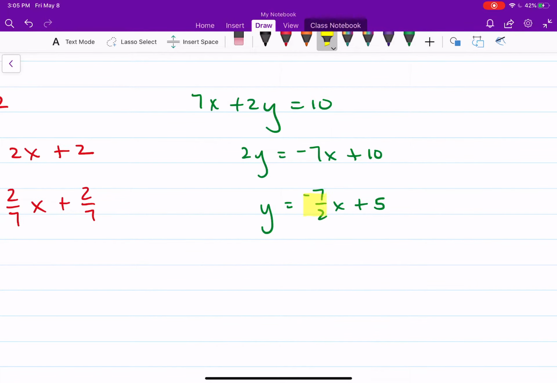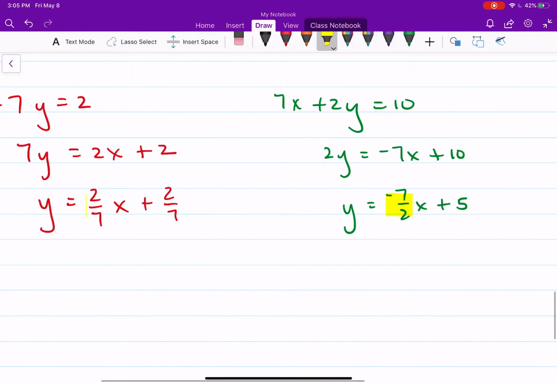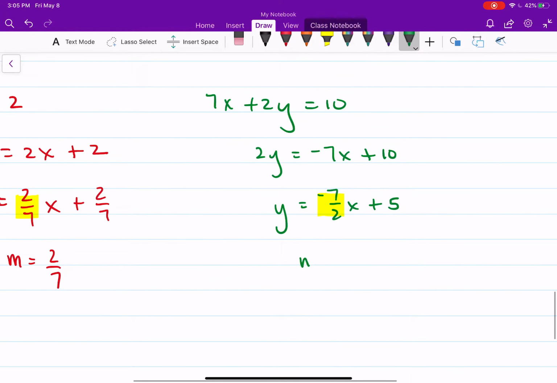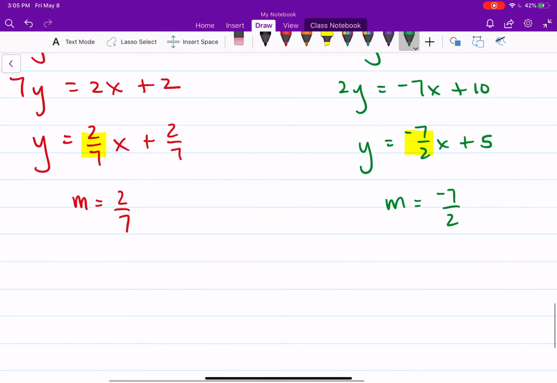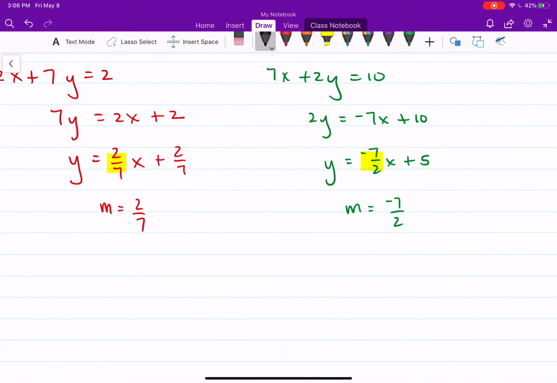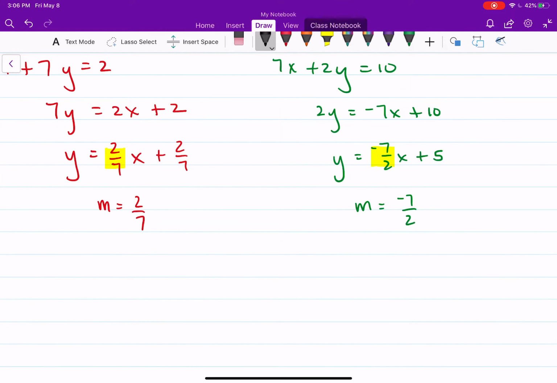The slope here is 2 over 7, and the slope here is negative 7 over 2. So if I look at just those 2 slopes, can I flip and negate one to get the other? It doesn't matter which one you flip and negate, they should work for each other. And the answer is yes, you can. So therefore, I know that these 2 are perpendicular to each other.